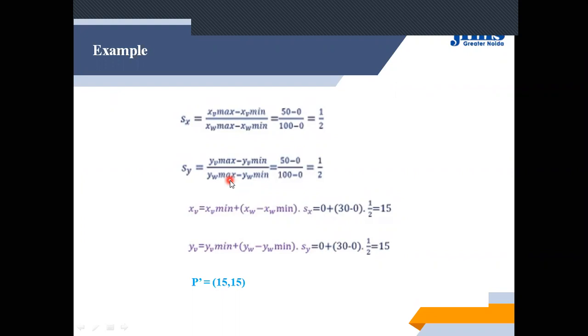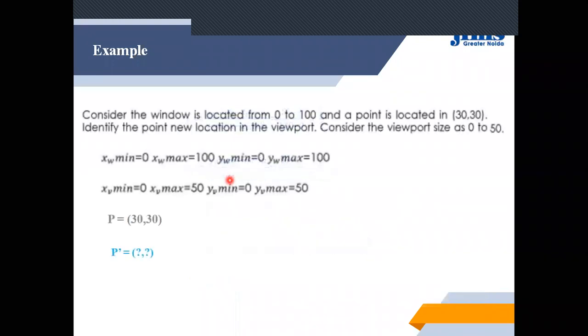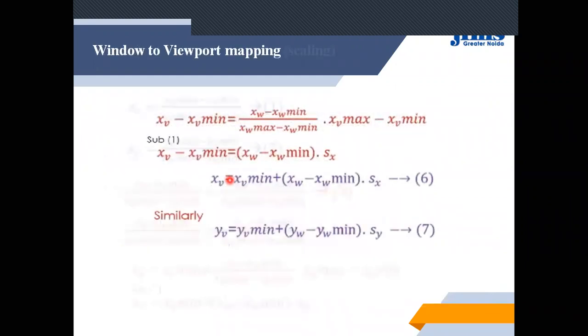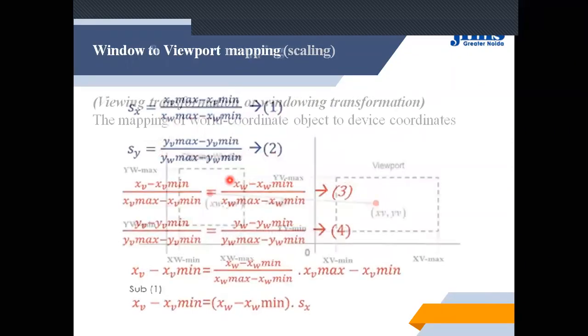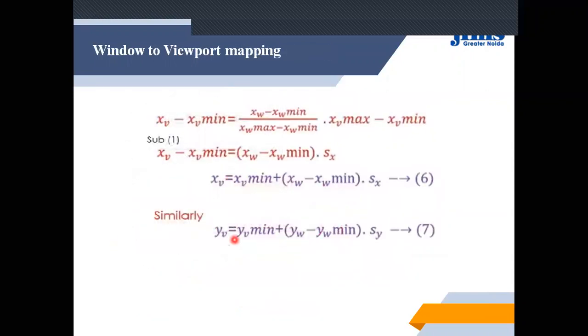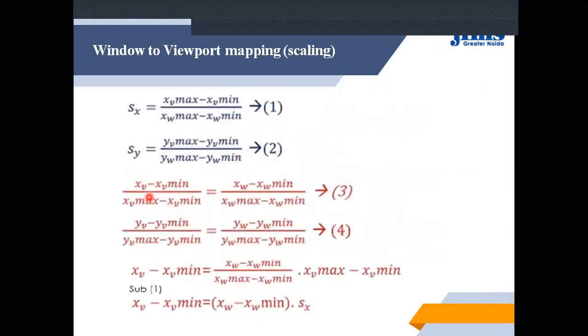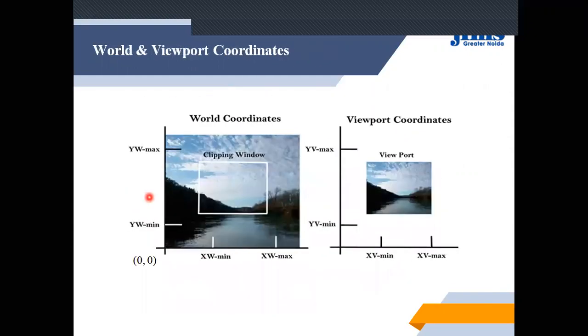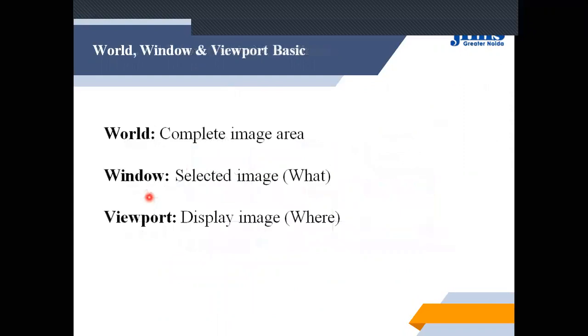When we find these values, based on these we can find out the scaling factor on x and y direction both. And after that, by using this formula, we can find out the values of mapping point on viewport.